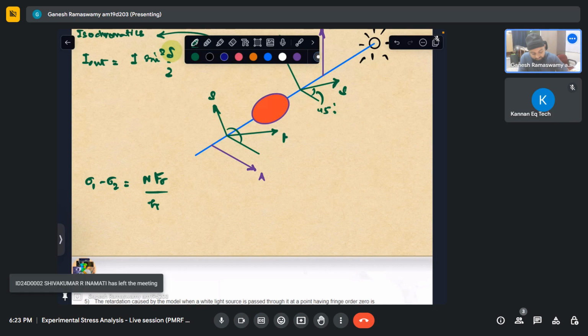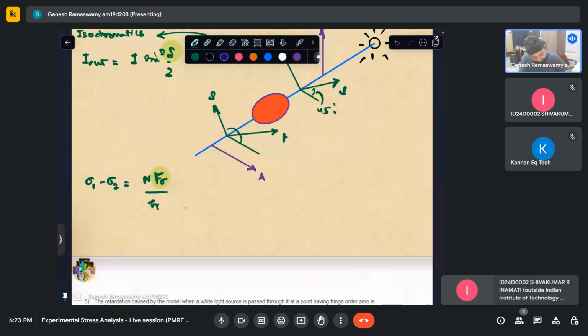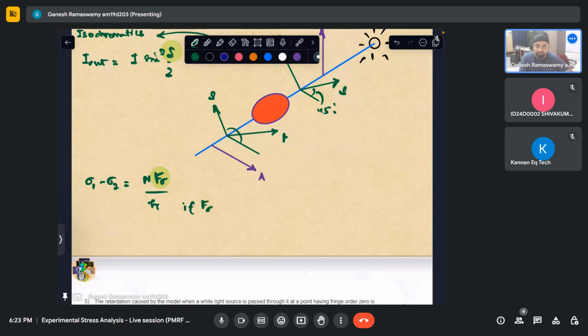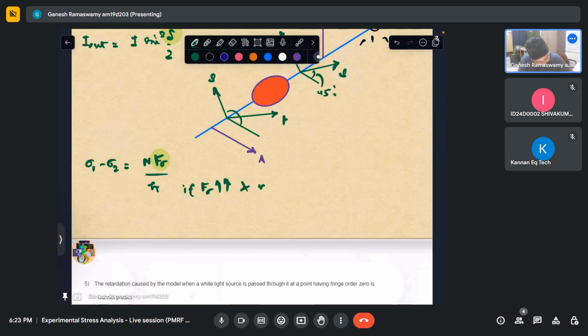In such a case, if we were to take a material with a very high value of f sigma, and we apply very less load, then naturally there will be very feeble fringes.